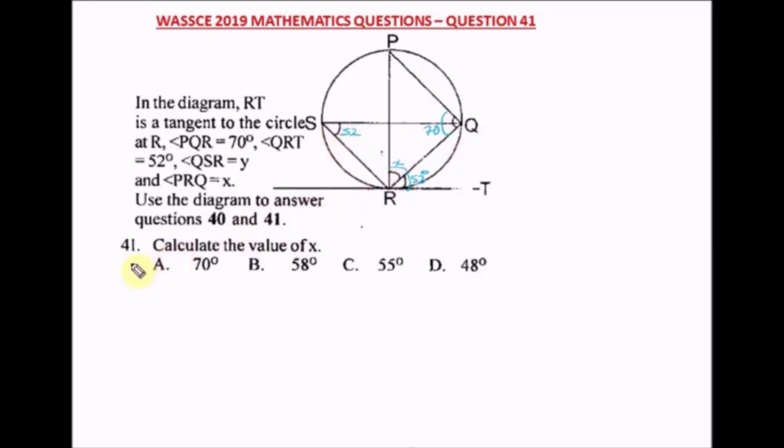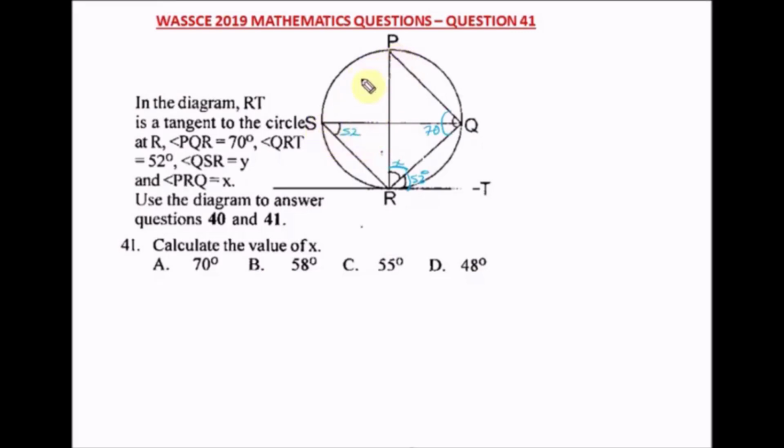So the question says calculate the value of x. So we have to look for x. How do we look for x now? There's a theorem that states that the angles in the same segment of a circle are equal.